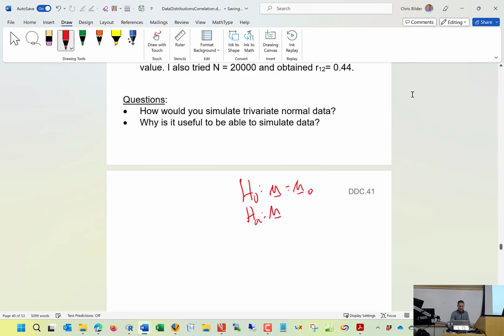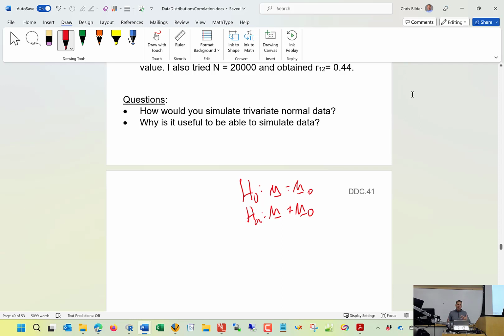So all of you have done hypothesis tests for one mean, but suppose you want to do a hypothesis test for a mean vector instead. Okay? So what we could do is simulate data from a multivariate normal distribution. Maybe it has 2 variables, 3 variables, 4 variables, however many. Calculate your test statistic, and every single time, check to see whether you reject H0 or not.